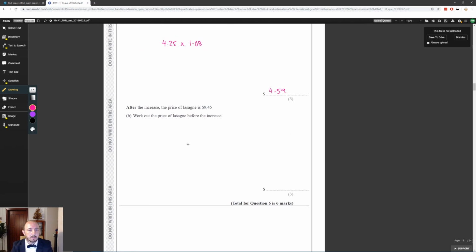After the increase, the price of lasagna is $9.45. Work out the price before. So this is a reverse percentage question. So the $9.45 is the same as, well, it was an 8% increase, so that would be 92% of that price.